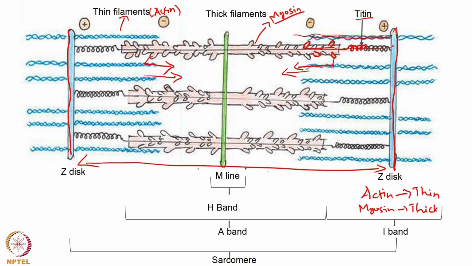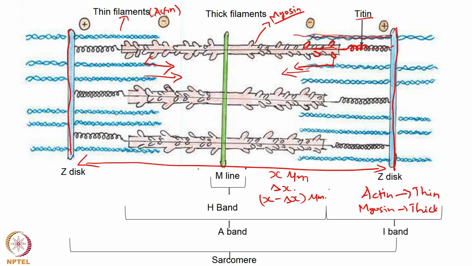Let us suppose earlier this was some x microns, now it is reduced by some delta x. So, the new length after the attachment of the thick filament to the thin filament and the power stroke will be a smaller length, x minus delta x micrometers.